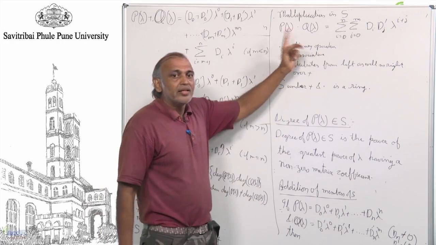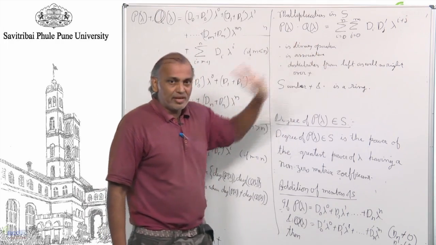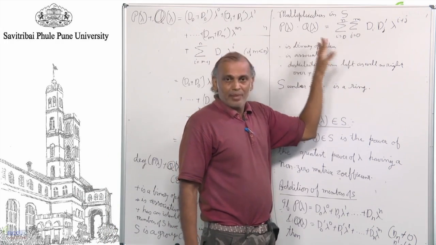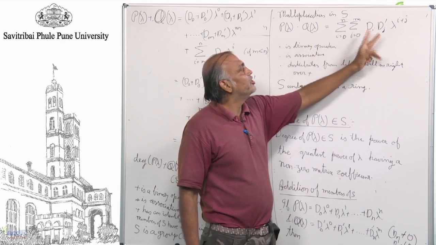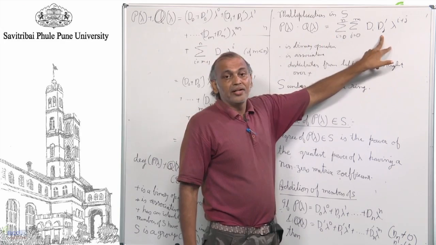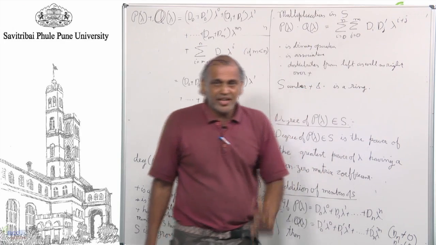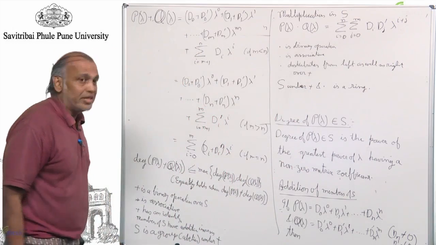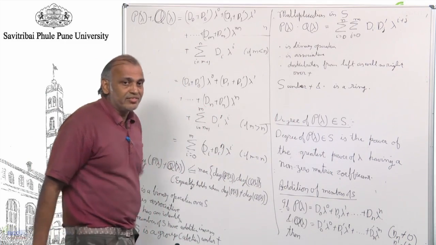P of lambda into Q of lambda may not be the same as Q of lambda into P of lambda. The reason being simple, if you have Q of lambda, P of lambda, then what you'd get is dj dash into di, which is not the same as di into dj dash. Matrix multiplication may not commute for all matrices. For most of them it doesn't. So therefore this is a non-commutative ring.